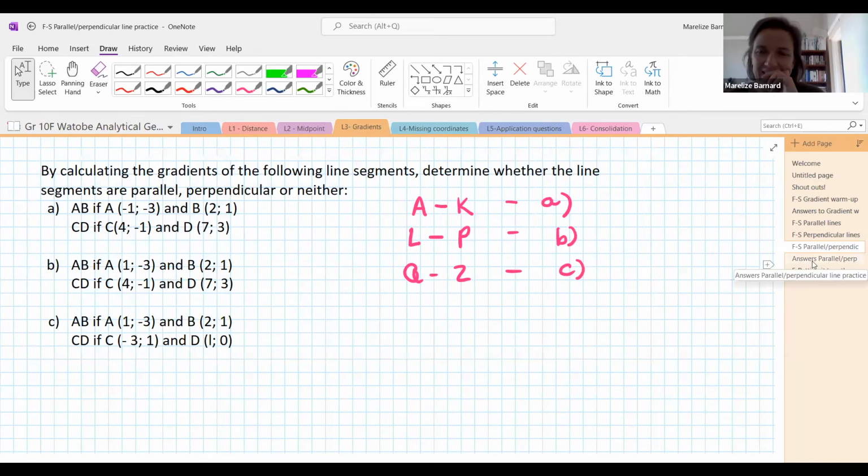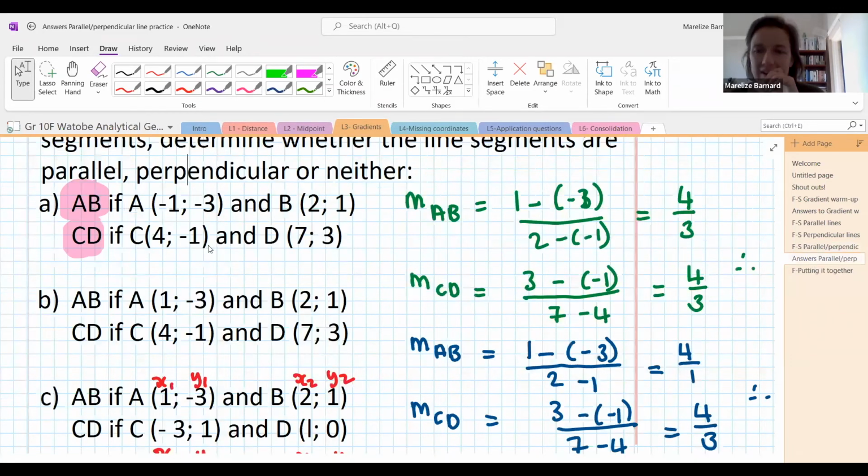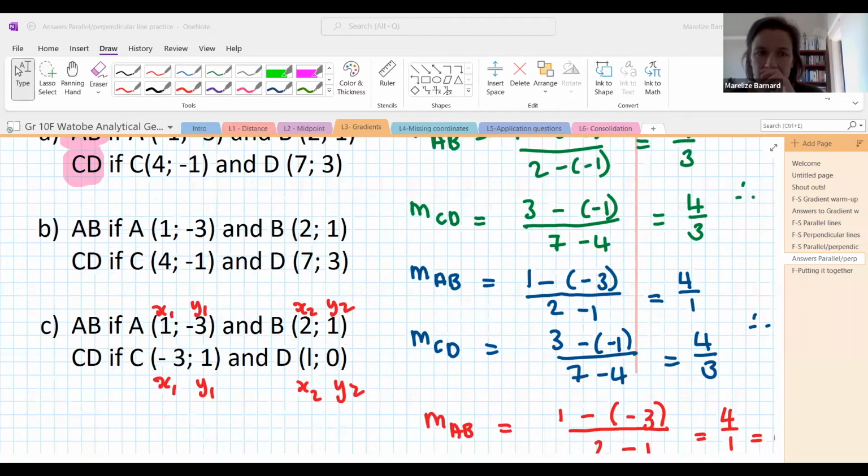Ma'am, gradient of AB, I said 1 divided by 1 minus -3 divided by 2 minus 1, which gave me 4/1. Then the gradient of CD, I said 3 minus -1 divided by 7 minus 4, which gave me 4/3.